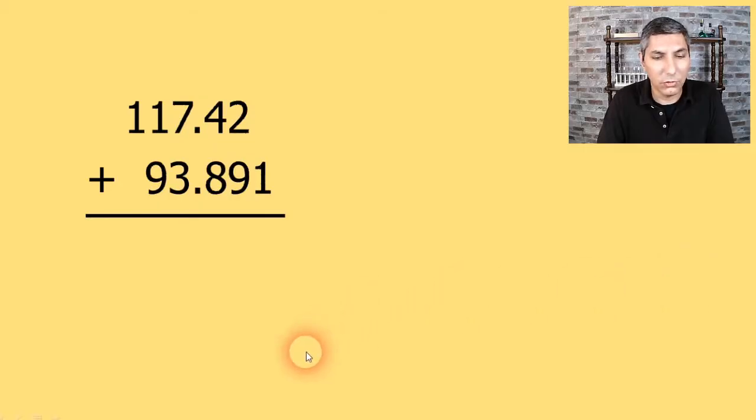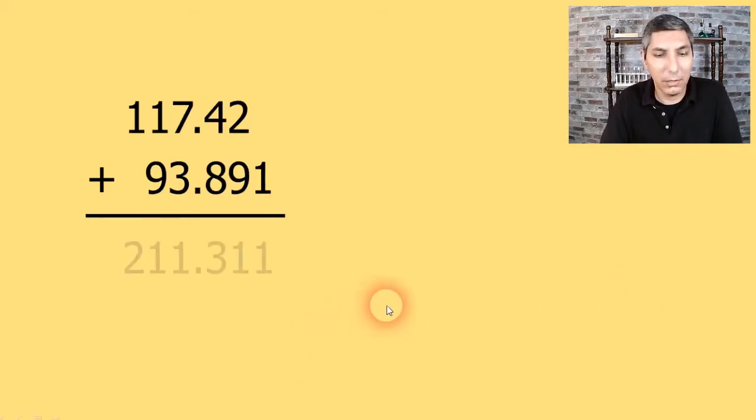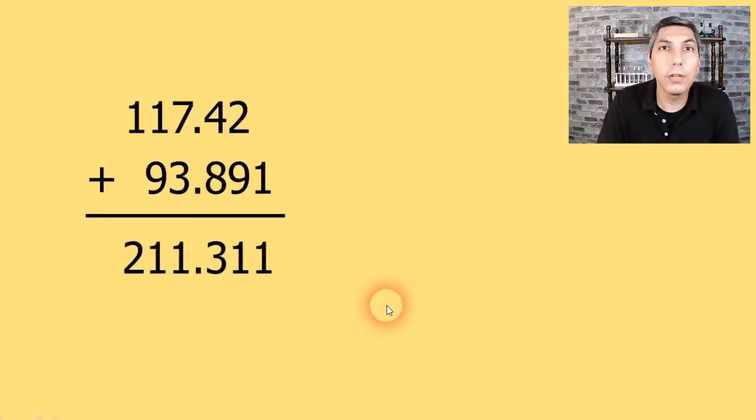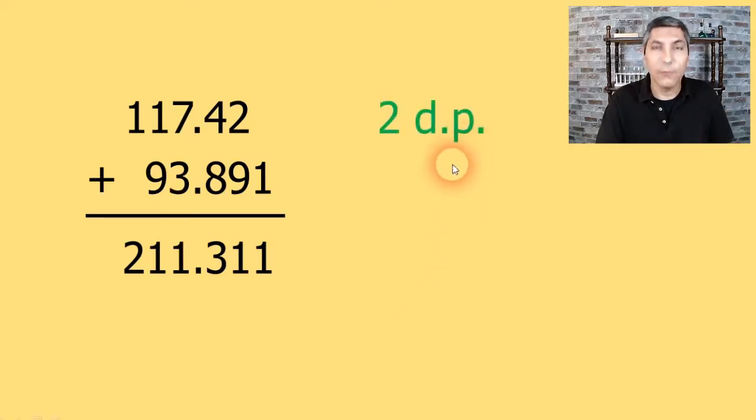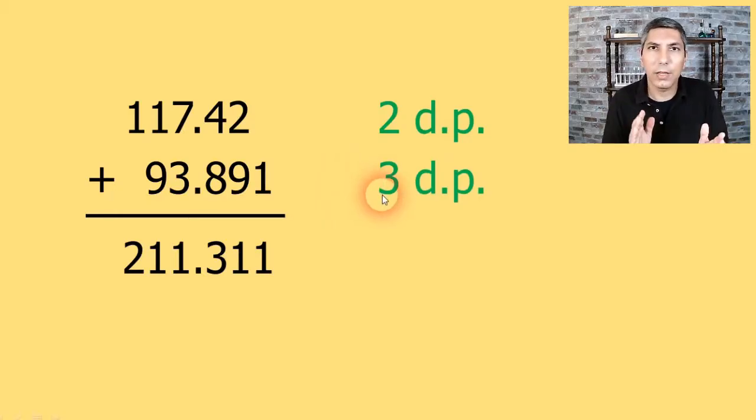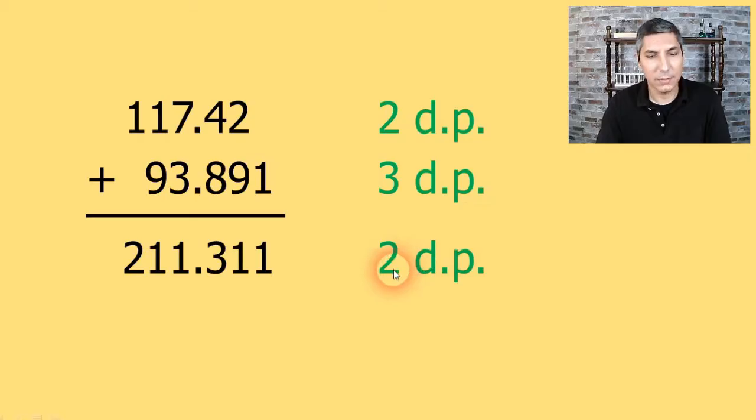Now, another question here, we have this problem. If we were to add this on our calculator, we'd get this number, 211.311. But once again, let's count decimal places. In the first addend, we have 2 decimal places. In the second one, we have 3. So guess what? If there's ever a conflict like this, the rule is we always go with the least. And so that means our answer can only have 2 decimal places.